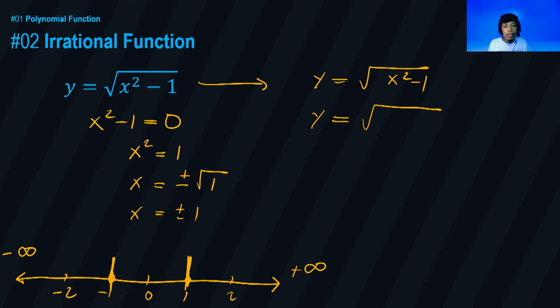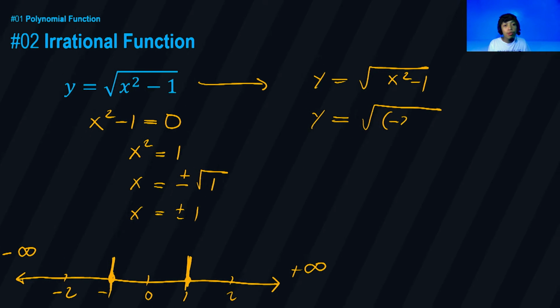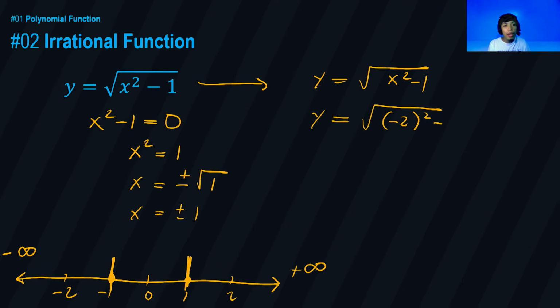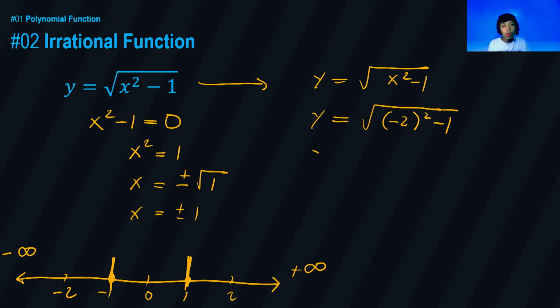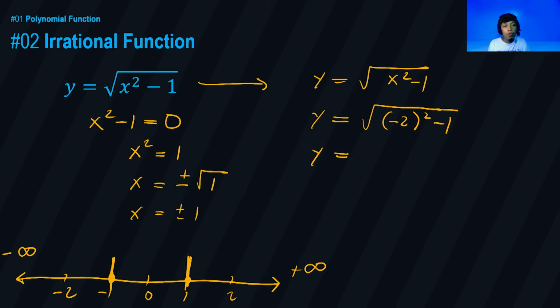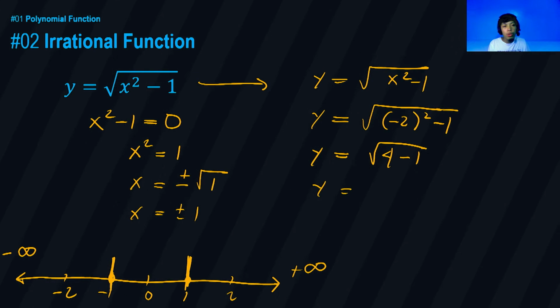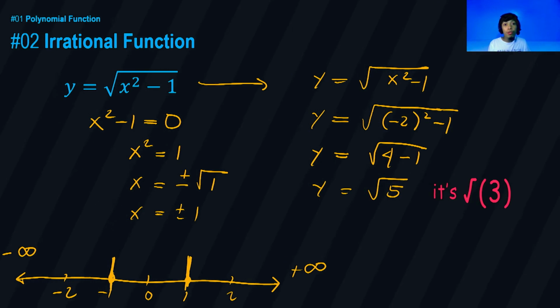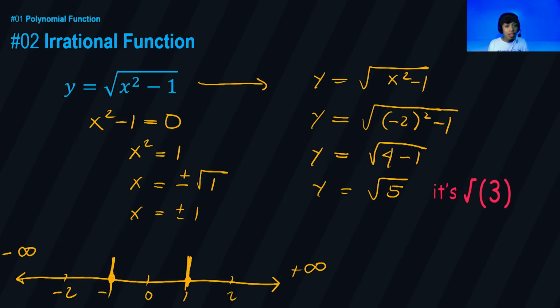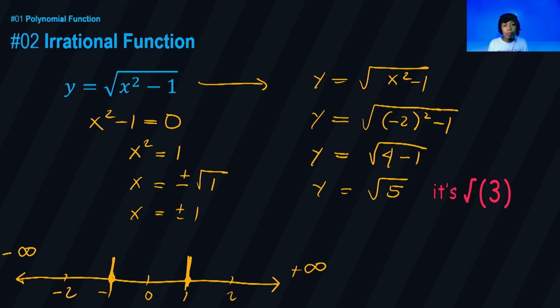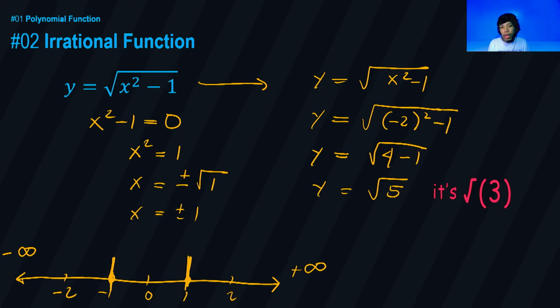When you pick negative 2, we have here negative 2 squared minus 1. Okay, so y is equal to, this is 4 minus 1. So y is equal to the square root of 5. Square root of 5 is a real number, right?